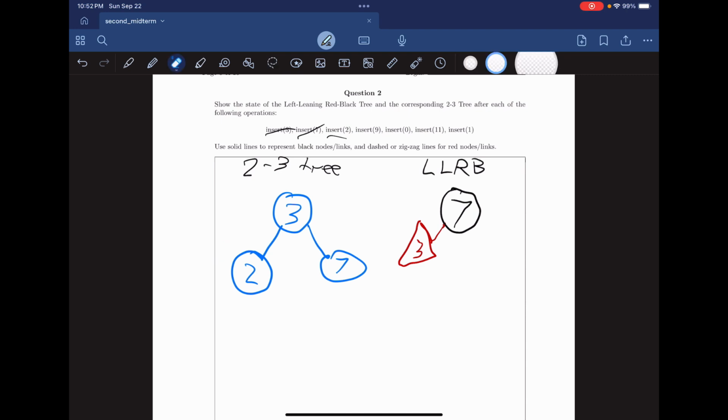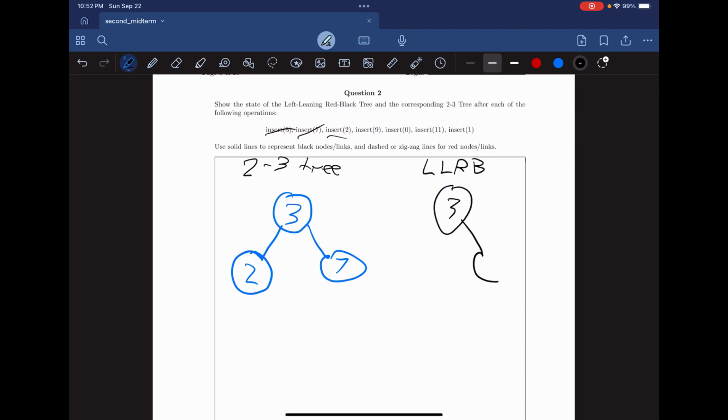Then to match the representation in the left-leaning red-black tree, we're going to look at this and see that because we only have 2 nodes in the 2-3 tree, we may as well just have only black nodes in the left-leaning red-black tree. And so we end up with a position like this, where they match each other identically.